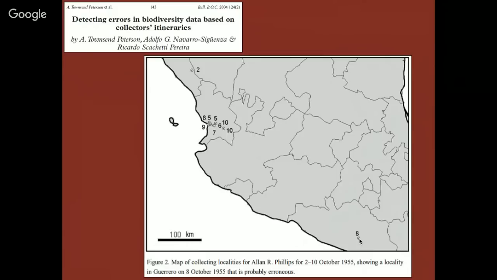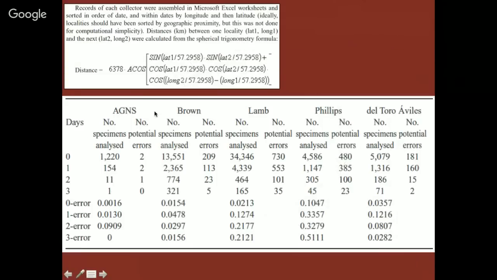So what we did was we implemented this itinerary checking for a bunch of collectors. Notice my colleague Adolfo Navarro, just for fun, we included his records as well. So here's Adolfo, here's Wilmot Brown, Chester Lamb, Alan Phillips, and Mario del Toro Aviles.